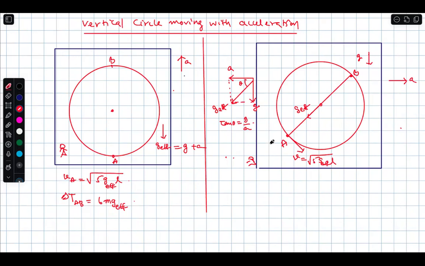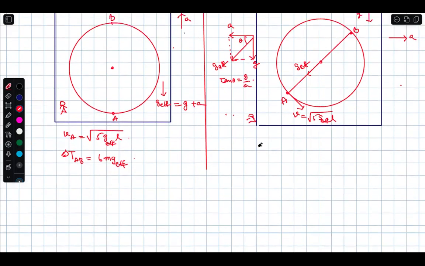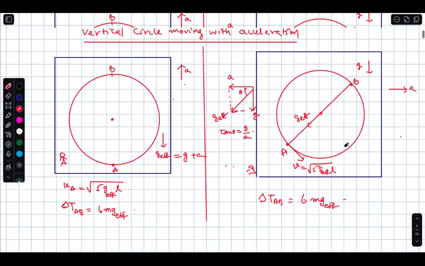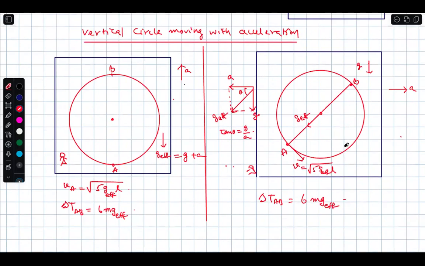For that circle, this is the maximum velocity point and this is the minimum velocity point. Even now, delta T AB is 6 m g effective. Any doubt? Clear? Now we need to apply this concept to our problem. This is the concept, right?